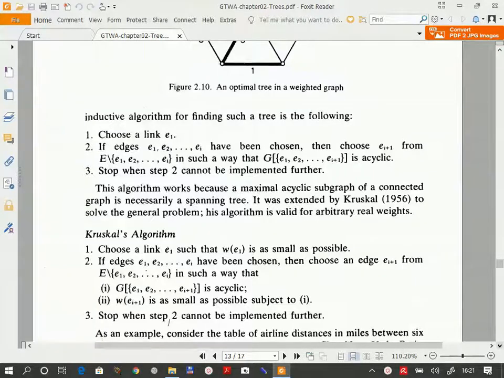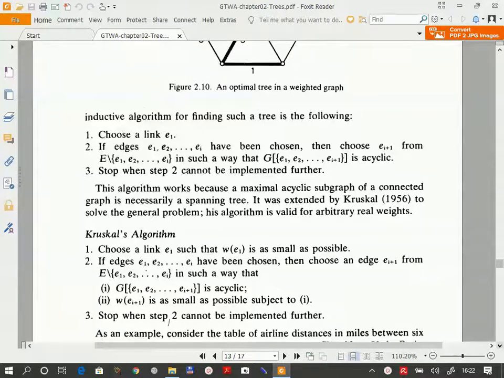Dijkstra's algorithm, to which question, which problem does it give an answer, and Kruskal's. Okay, so it will be a good thing to compare the two problems and the two solutions on the same graph. Okay, so let me just end up with this.